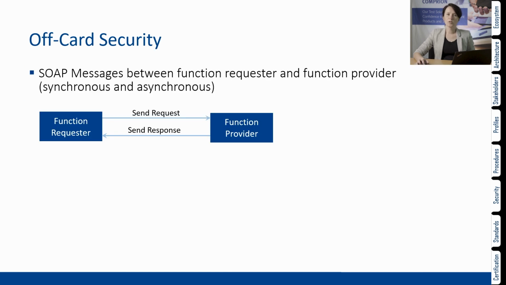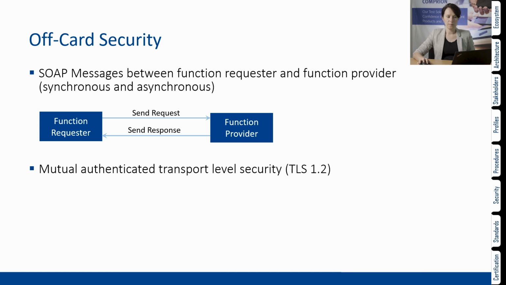What kind of security is used for the off-card entities? From the server side, we have here the SOAP messages between function requester and function provider. They can be synchronous and asynchronous, sending the request and response between the function requester and provider.